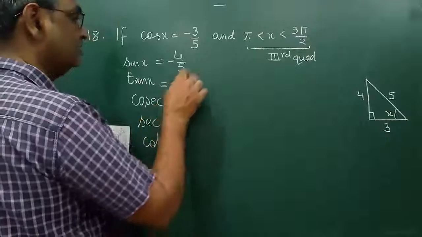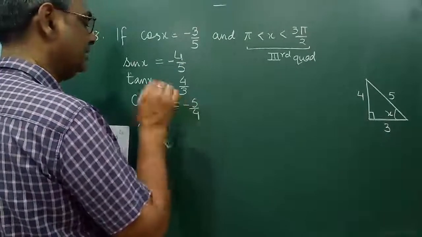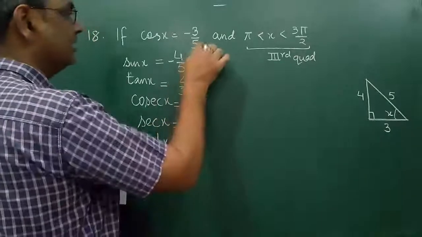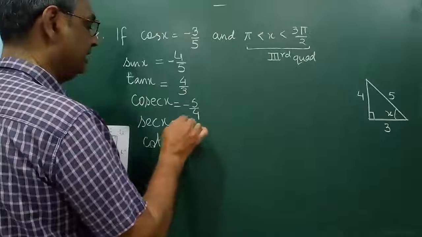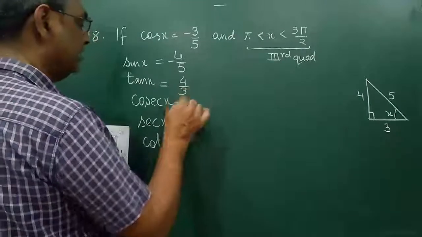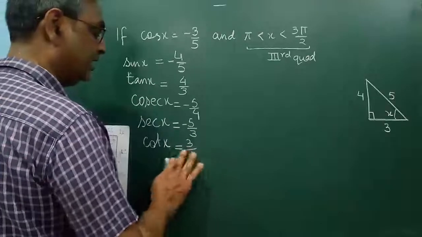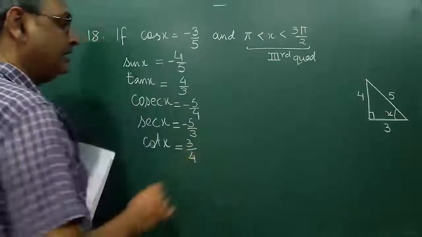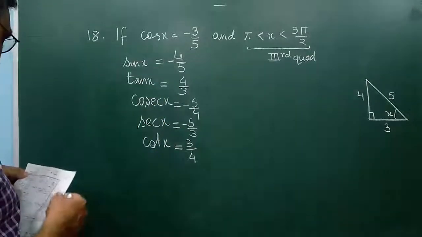Then cosec x is the reciprocal of sin x, 5 by 4 with minus sign. Sec x is the reciprocal of cos x, 5 by 3 with minus sign. And cot x is the reciprocal of tan x. Here in the third quadrant, tan and cot will be positive, rest all other will be negative.